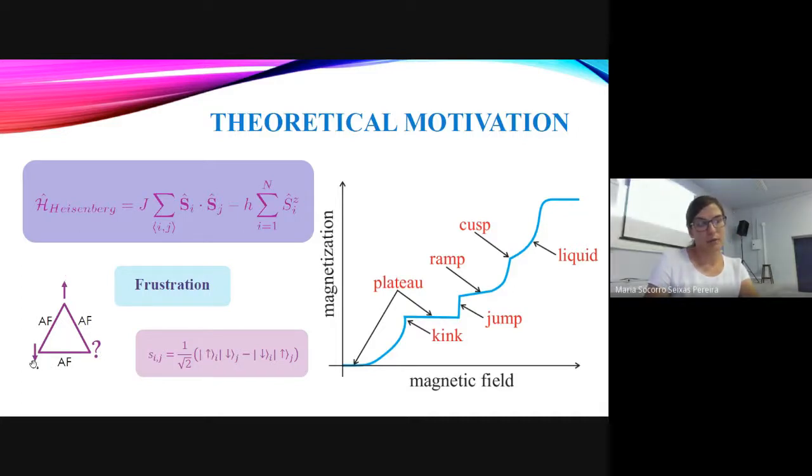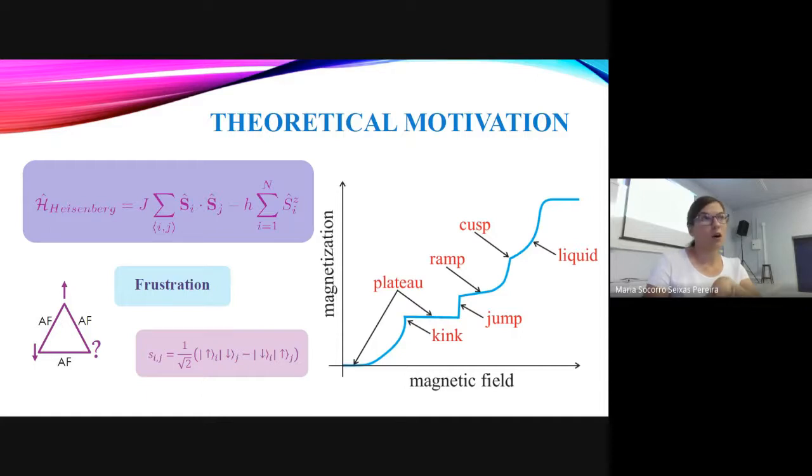Geometric frustration means that not all spins or not all interactions can satisfy antiparallel orientation. Besides that, there also exists frustration of antiferromagnetically interacting spins in the effort to create a valence bond, also known as singlet dimers.